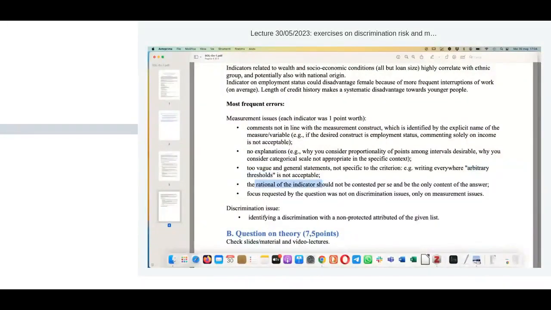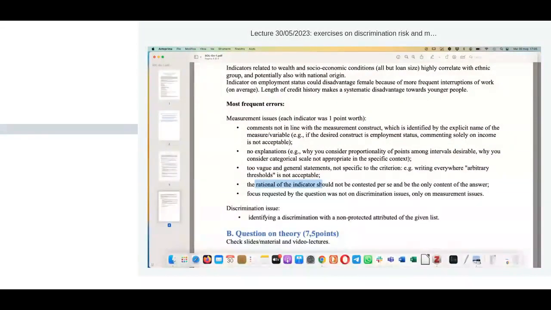Of course, you should not contest at the exam unless it is specified. I asked about discrimination risk. You should not say that a variable, let's say missed payments, is not a good variable and should not be there. No, this was not asked.